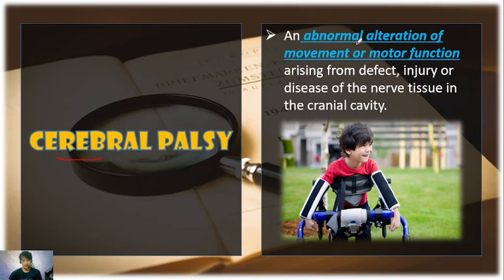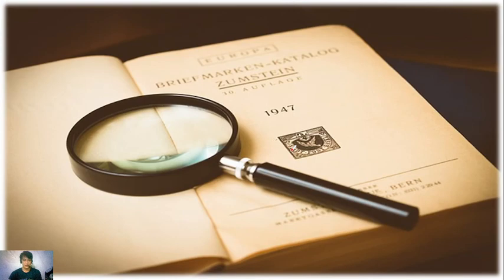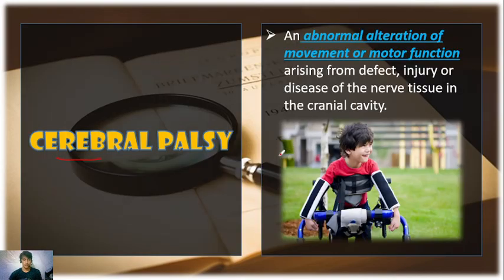Okay, the condition here is that they have abnormal alteration of movement or motor function, or they can't freely move their body. Those are the illnesses that might affect our handwriting.